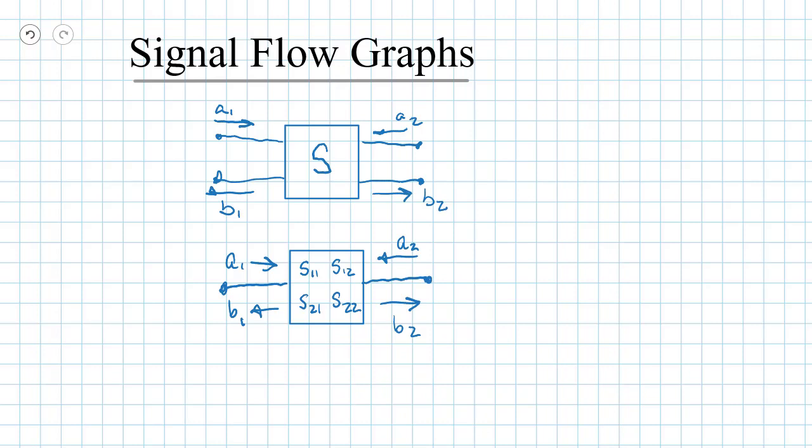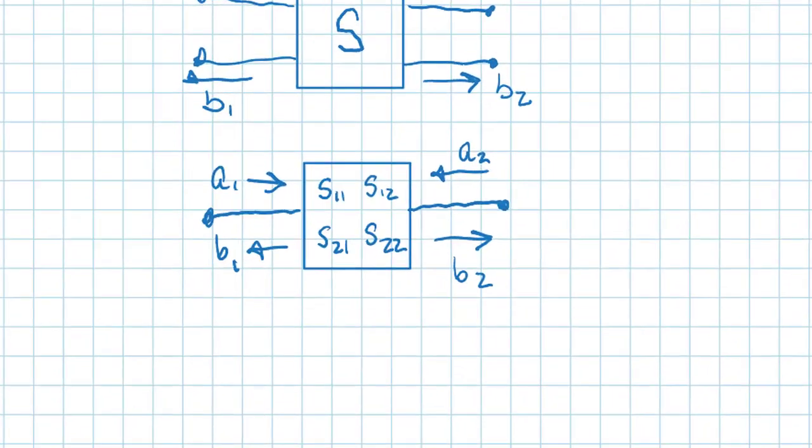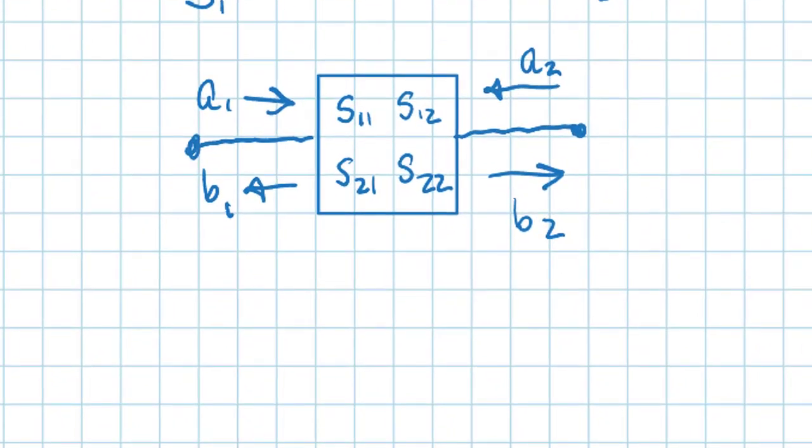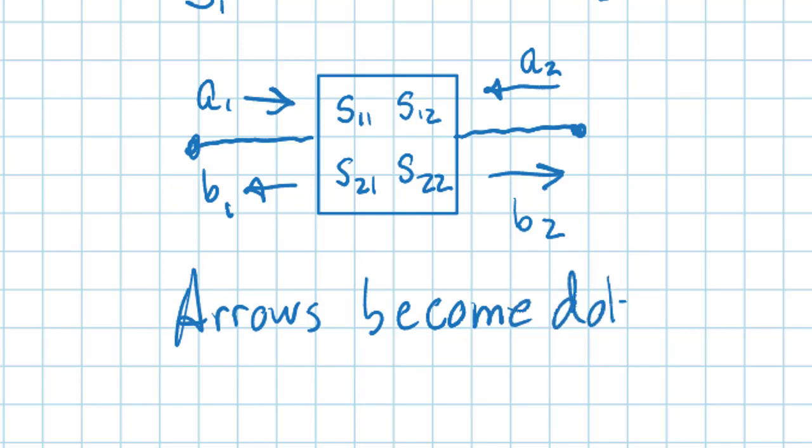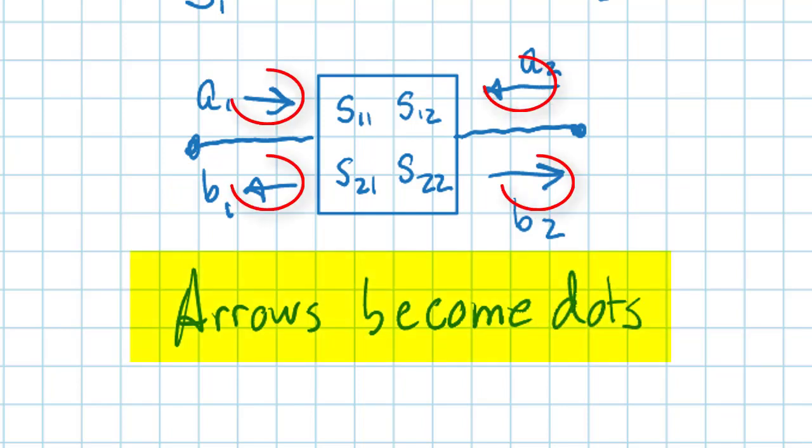So the one observation I've made that really helped me understand how to develop flow graphs, and hopefully it'll help you as well, is that in developing the flow graph representation, basically the waves or arrows become dots. And a lot of times when you make statements like this, do the dots become arrows?